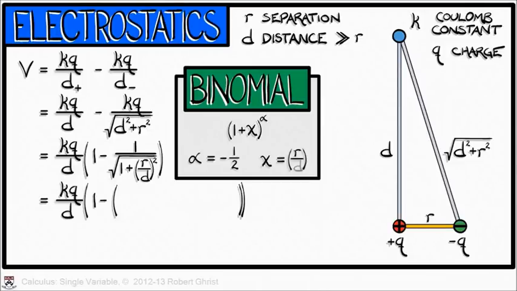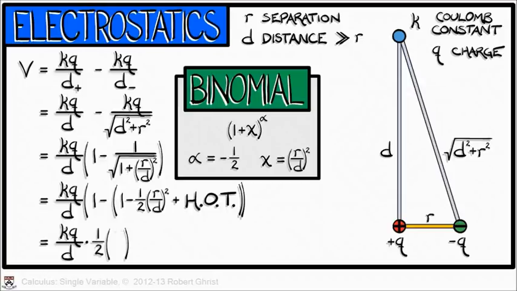And x is (r over d) squared. Because the first two terms in the binomial series are 1 plus alpha x, we get the first two terms in the series applied here to be 1 minus 1/2 times (r over d) squared.